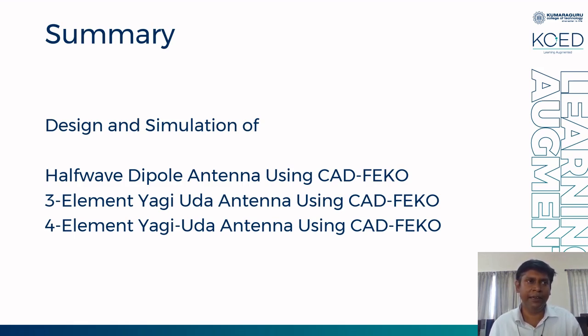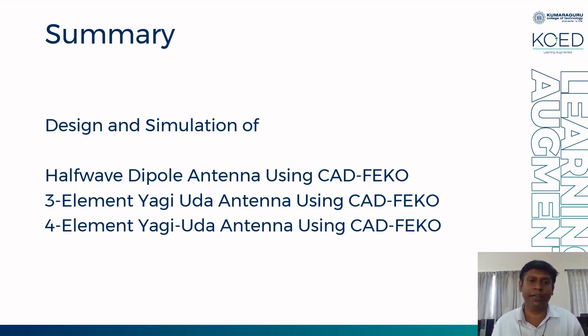SSN College has the partial chamber facility. They don't have the full-fledged anechoic chamber, but they have a partial chamber. But at Thiagarajar College and at Bosch Chennai, they have the full-fledged anechoic chamber. There you can test the radiation characteristics, and you can get the radiation pattern of the fabricated antenna.